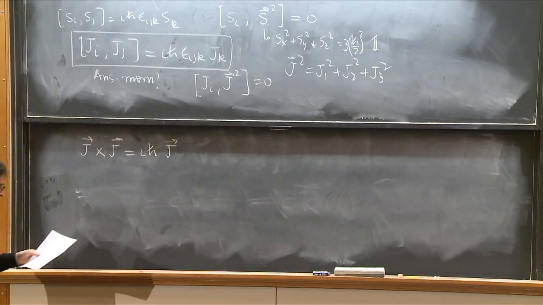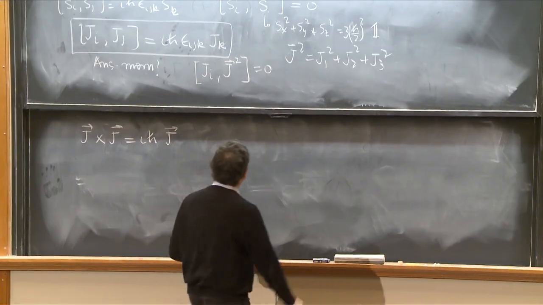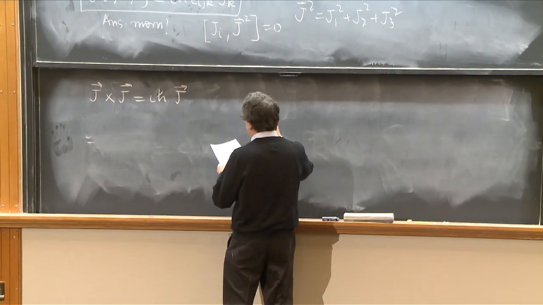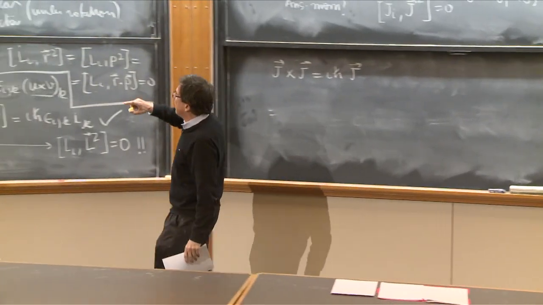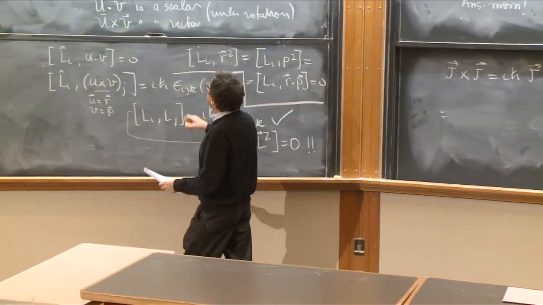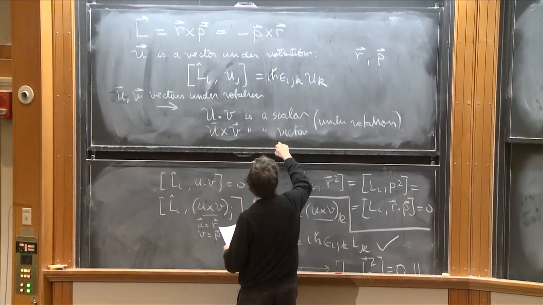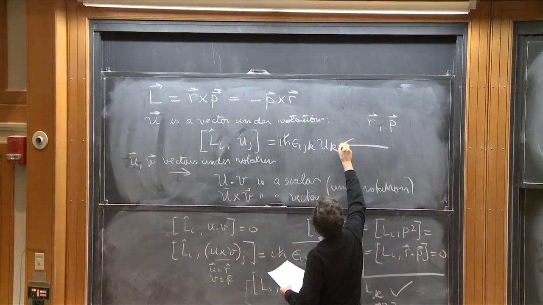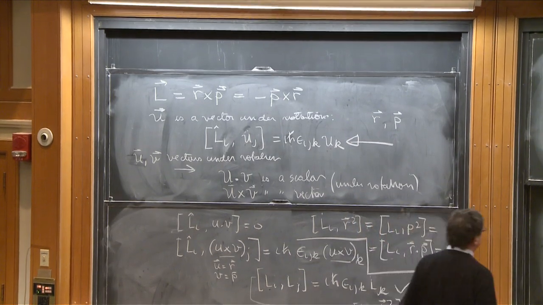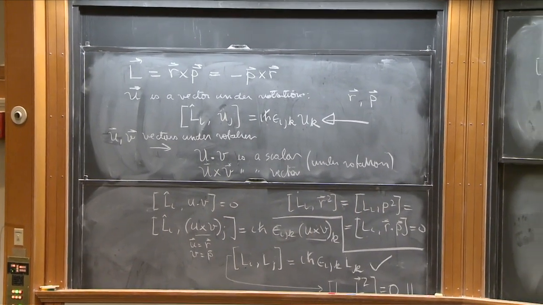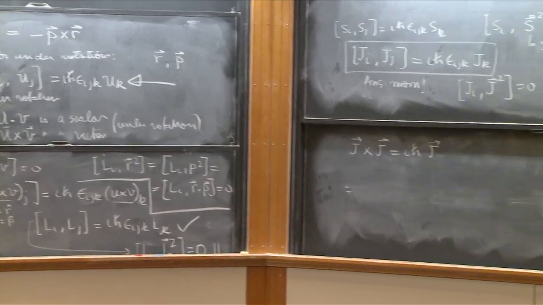Another result in transcription of equations is that the statement that U is a vector under rotations corresponds to a vector identity.